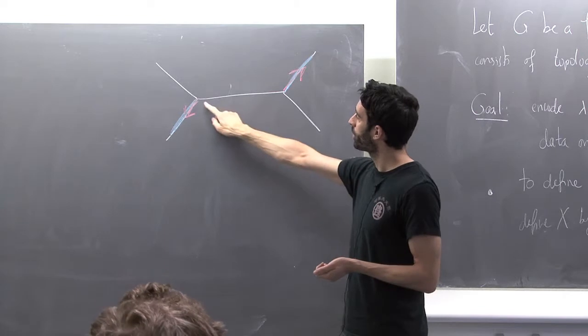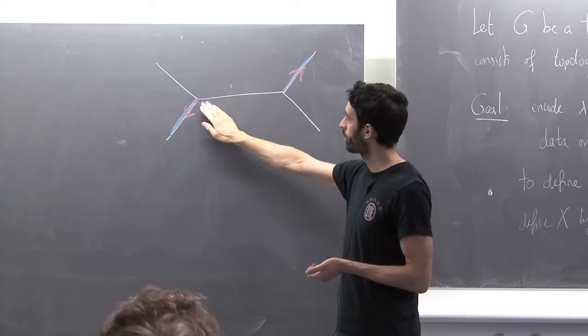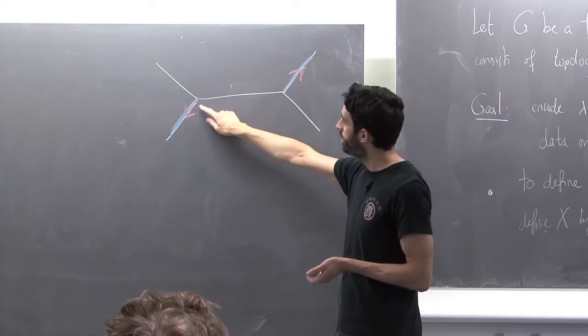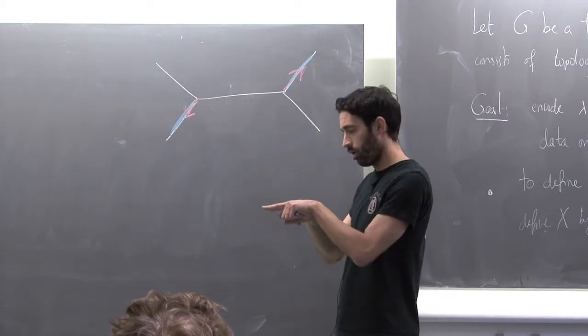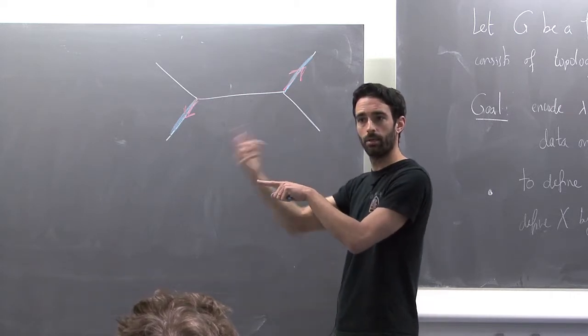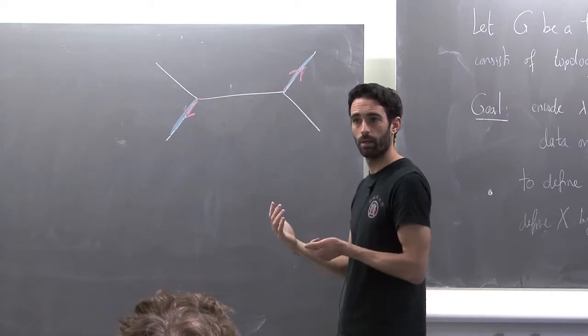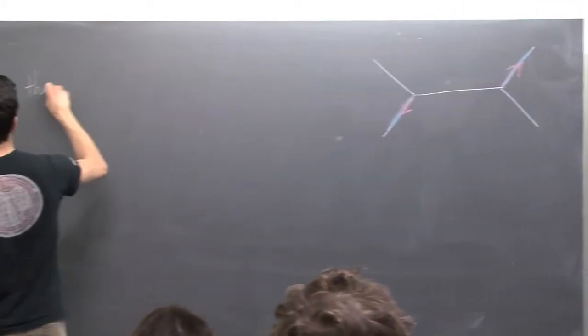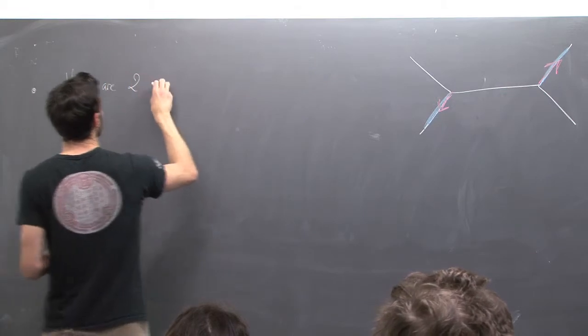So I'm going to fix a convention. I'm going to fix an orientation on the edges, and I will fix a convention: whenever I point in this direction, it means that I'm extending the vector field in some way. There are two natural ways.